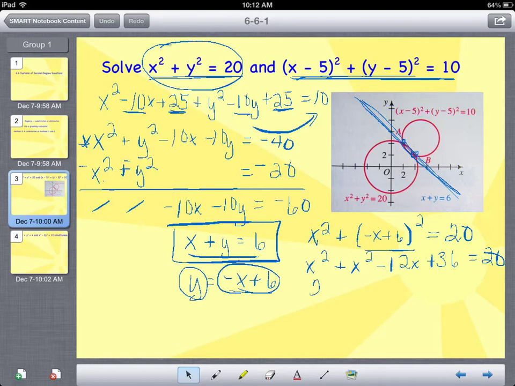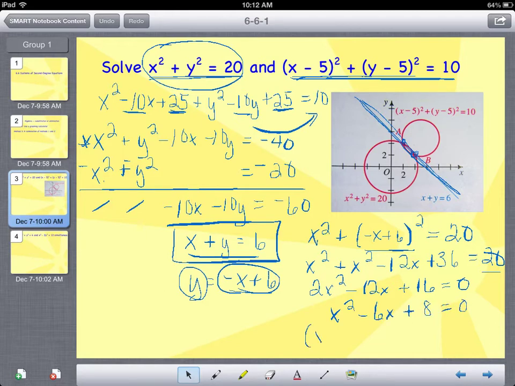And adding like terms, I have 2x squared minus 12x. I'll subtract 20 from both sides, so that is plus 16 equal to 0. Everything's divisible by 2, so now this is x squared minus 6x plus 8 equals 0.